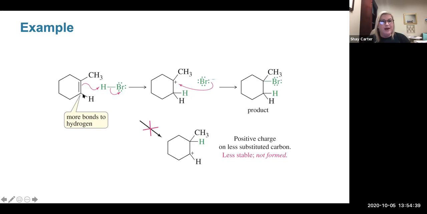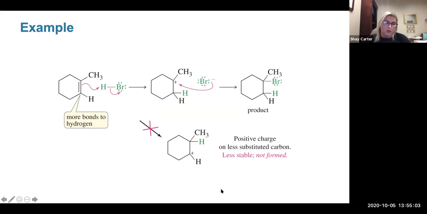Okay, so let's look at this example. Here we have a hydrogen and we have a carbon. When the nucleophilic double bond attacks, the hydrogen is going to go with his friend. We're going to form the carbocation on the most substituted carbon, which is going to be this side of the double bond, and the bromine is going to attach here. This is not going to happen.